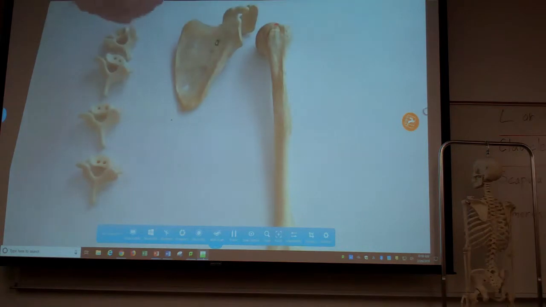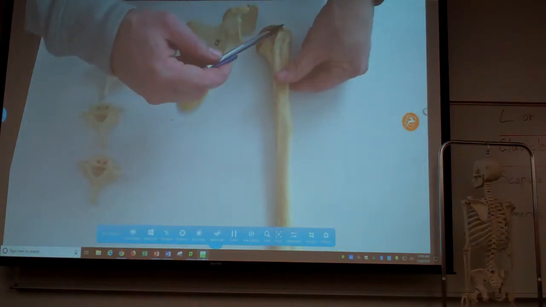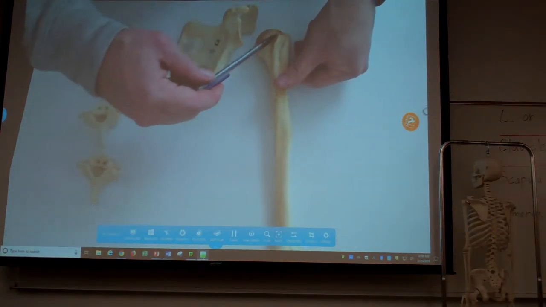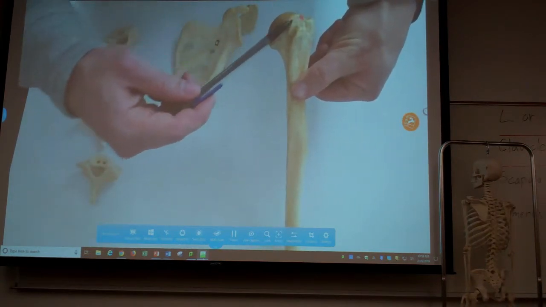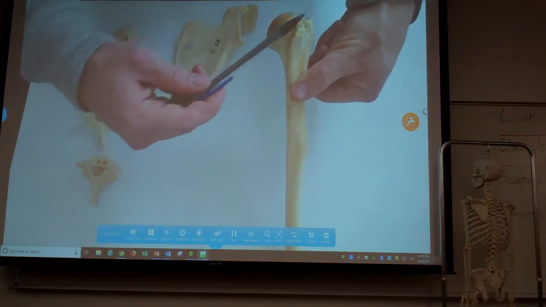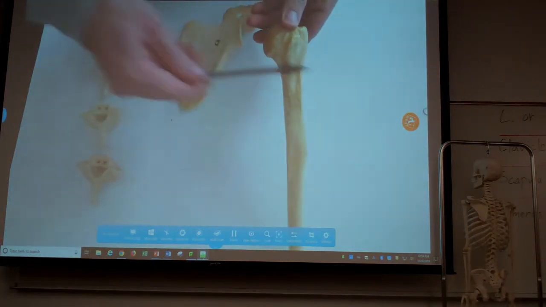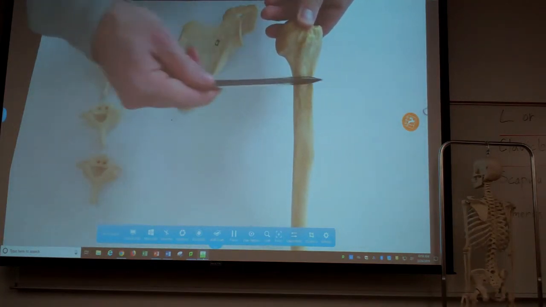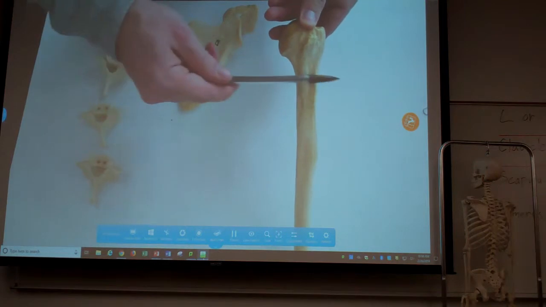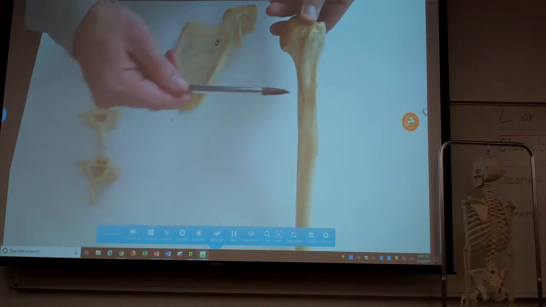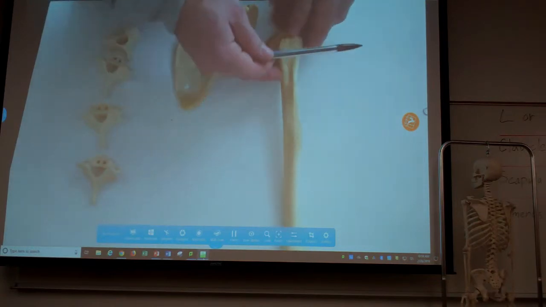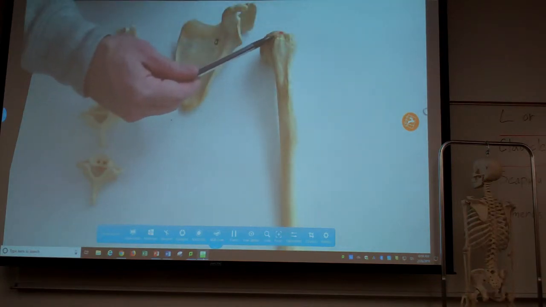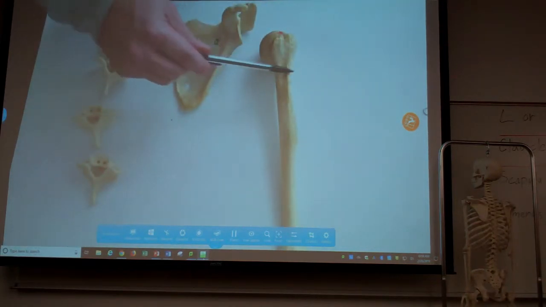And specifically in this case, we have two necks. We call this the anatomical neck. Down here, this is your surgical neck. The reason it's called the surgical neck is that this is a common spot where the humerus breaks. You have the anatomical neck and the surgical neck.